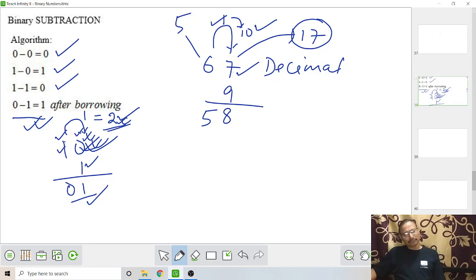So there is nothing much, everything is the same, you just take a little help of the decimal system in your mind here, so this work is very easy. Otherwise you can understand that this is the algorithm, this is the procedure. When 1 is subtracted from 0, you are supposed to write here 1, and you are to think that 1 is taken as borrow from the left digit of this 0, and so this is taken as the algorithm in the binary system.